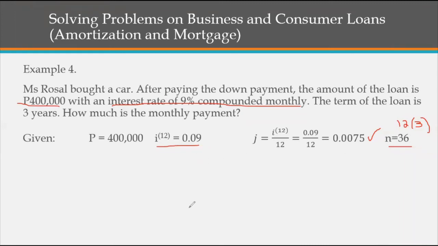Okay. Next, ang target natin ay the regular payment. How much is the monthly payment? So, regular payment yun. Or yung tinatawag natin R. Kailangan mabigyan ng solution.